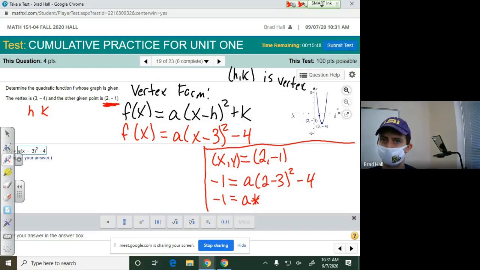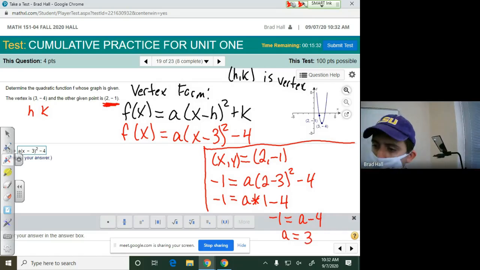And now we just follow order of operations and do some simple algebra. Two minus 3 is -1. -1 squared is +1. a times 1 is a.